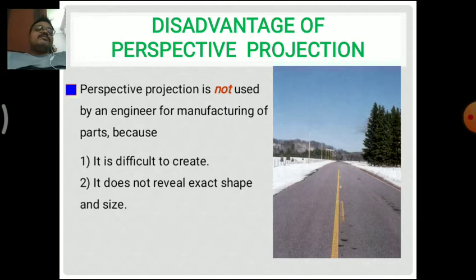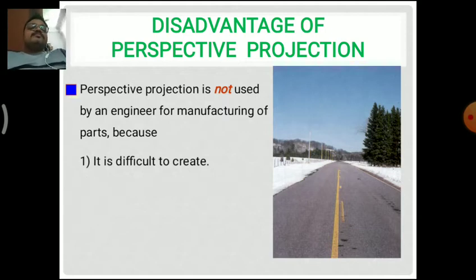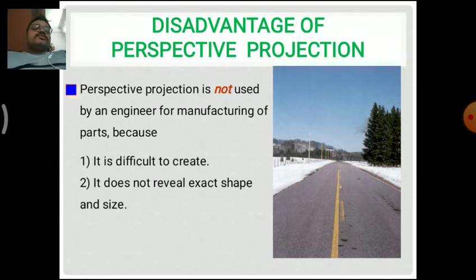In the parallel projection you can see the difference between the perspective and parallel. In the parallel projection the original shape is revealed exactly, and in the perspective projection the image has been decreased by some amount.